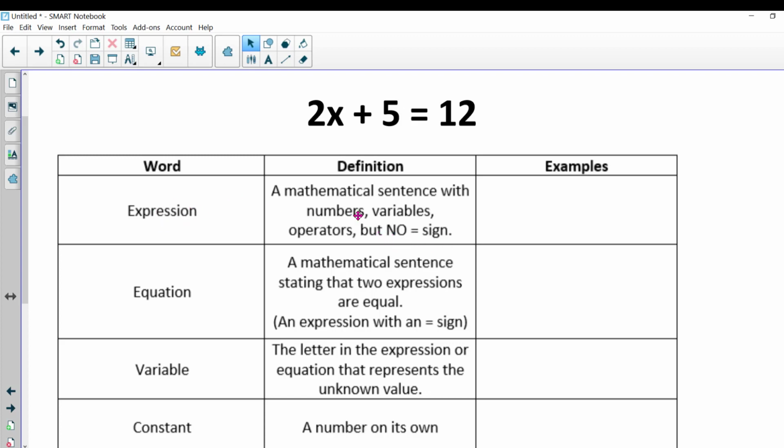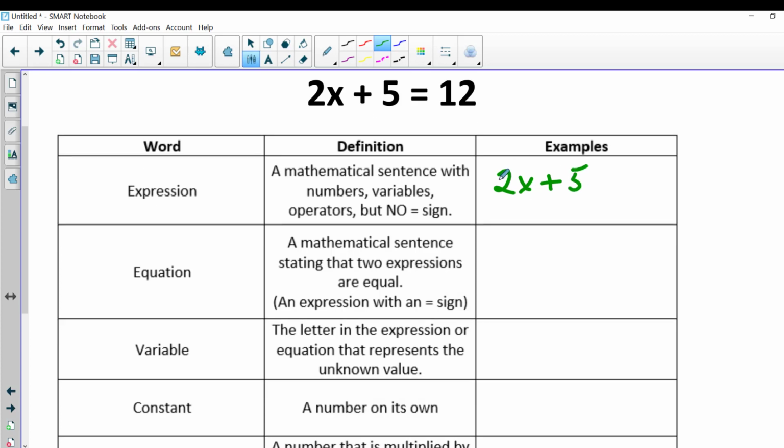An expression is a mathematical sentence, but with no equal sign. So in our example, an expression would be 2x + 5. That's an expression. It has variables and terms and operators, but no equal sign. Another expression, notice I'm putting a comma here, would be 12. That's an expression on the other side here.